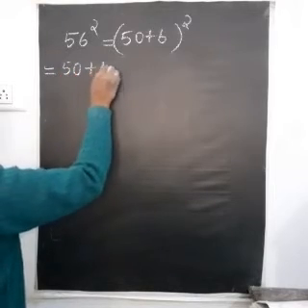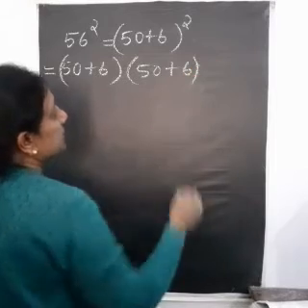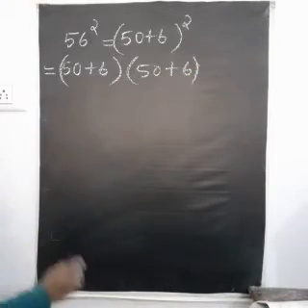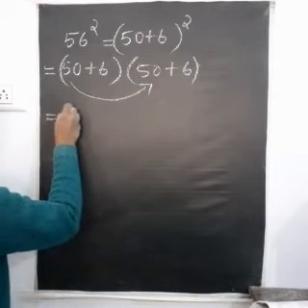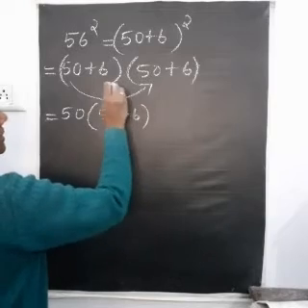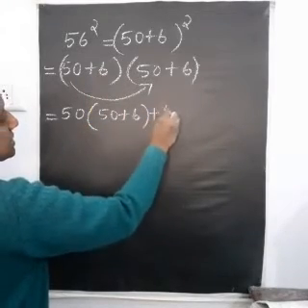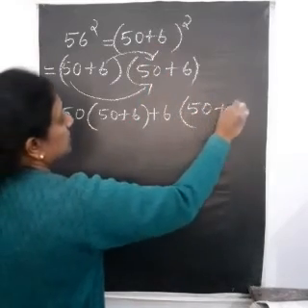As 50 plus 6 into 50 plus 6. Now I'm going to use the distributive property. So 50 into all these terms, that is 50 into 50 plus 6, then plus 6 into the whole bracket 50 plus 6.